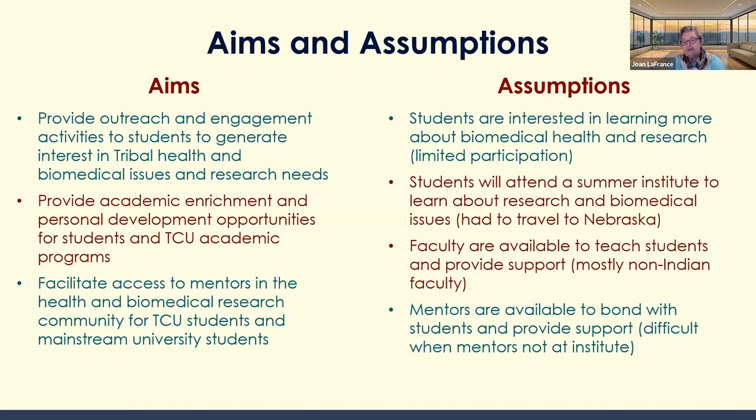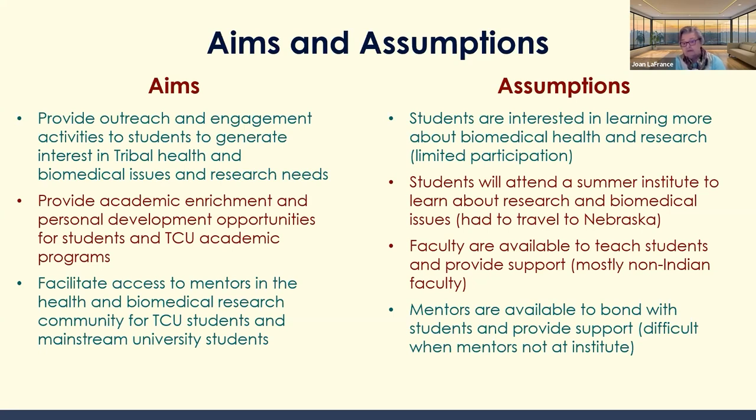Now, in practice, first of all, we found there was very limited participation. So the assumption that students are interested in learning is an assumption we needed to revisit. That students will attend a summer institute to learn about research. Well, maybe there was an interrelationship between our limited participation and having to travel for 2 weeks in the middle of summer to Nebraska, because that's how the program was structured.